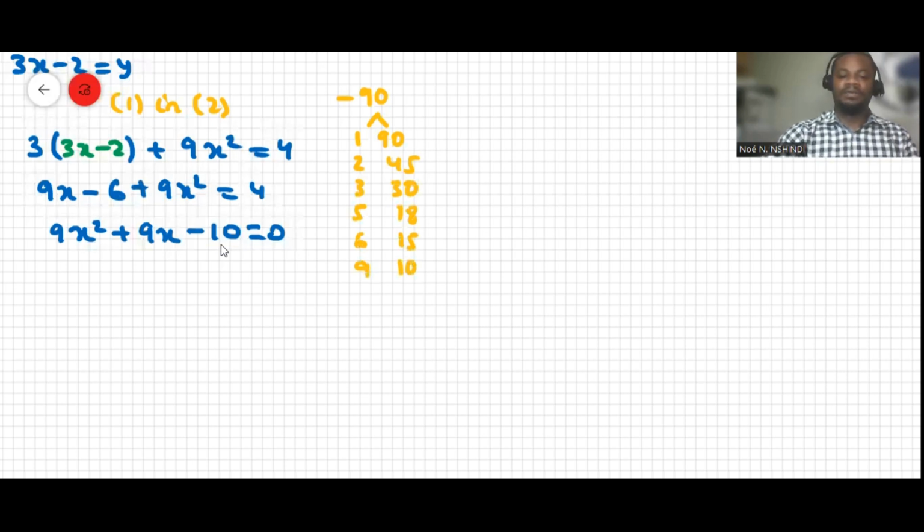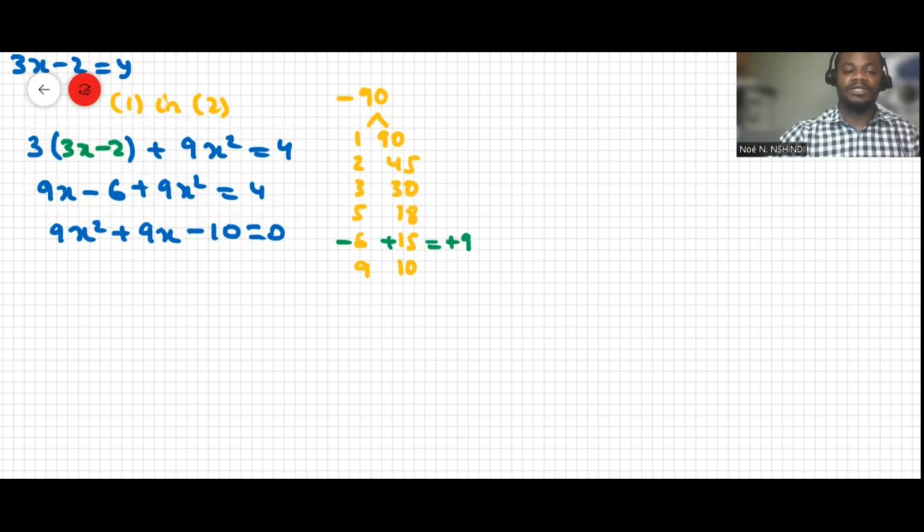That is all. Now I'm going to look at which pair in the list of factors of 90 will make a sum equal to positive 9. I don't see any. Oh yes, I can see 6 and 15. You can make a positive 9 if we have a negative 6 and a positive 15, because negative 6 plus 15 makes positive 9.